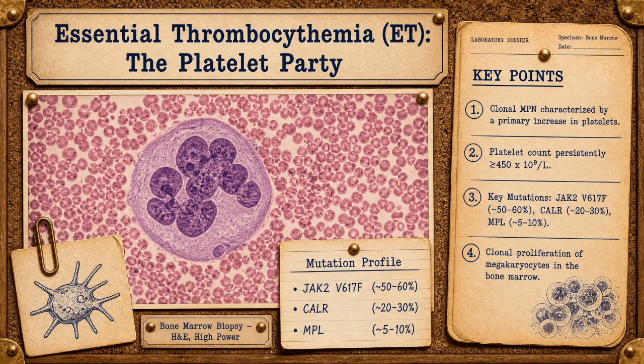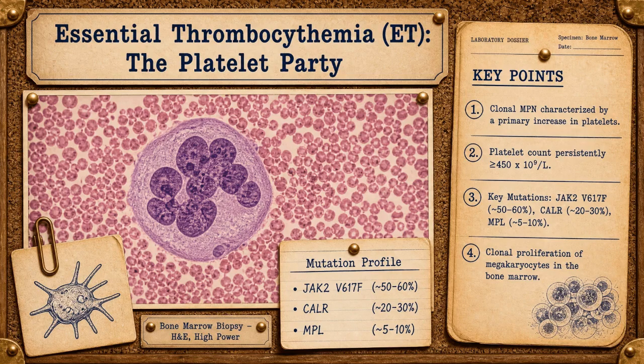Finally, about 10 to 15% of ET patients are considered triple-negative ET. This means they lack all three of these common mutations, JAK2, CALR, and MPL. While they still have ET, their underlying genetic drivers are yet to be fully elucidated, making their diagnosis a bit more challenging and often requiring exclusion of other MPNs. Regardless of the specific mutation, ET is fundamentally a clonal disorder, arising from a mutated hematopoietic stem cell that gives rise to this excessive and often dysfunctional platelet production.